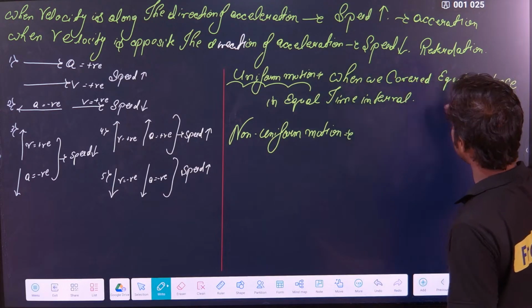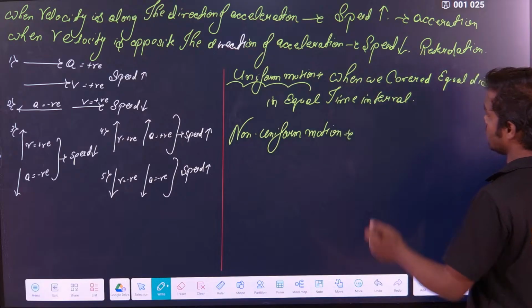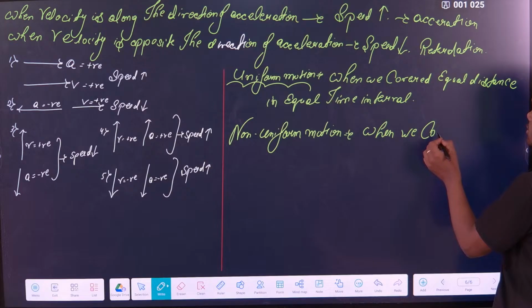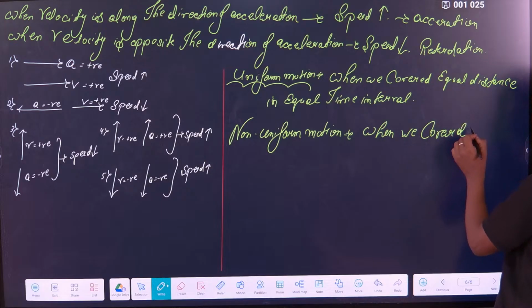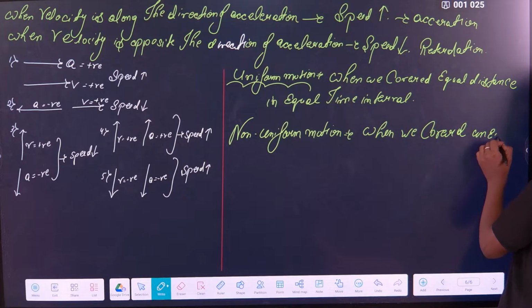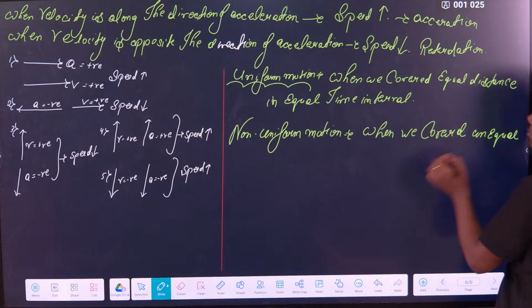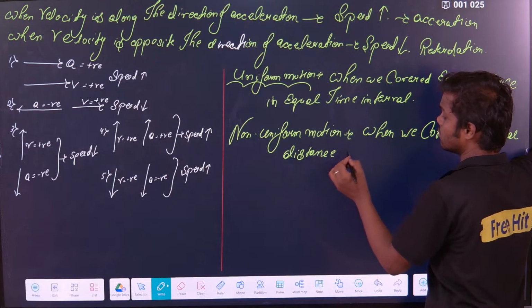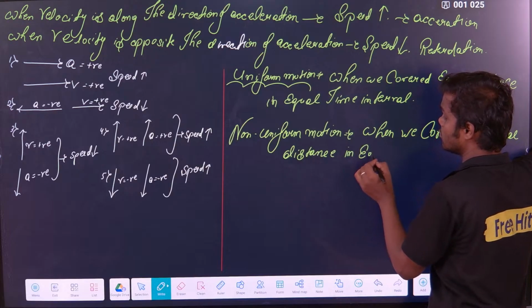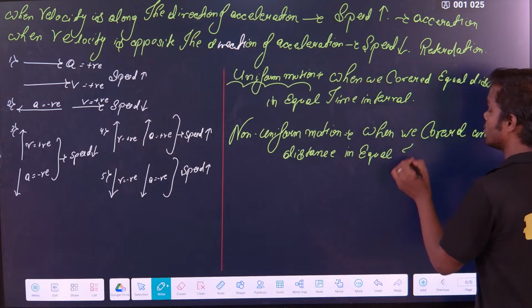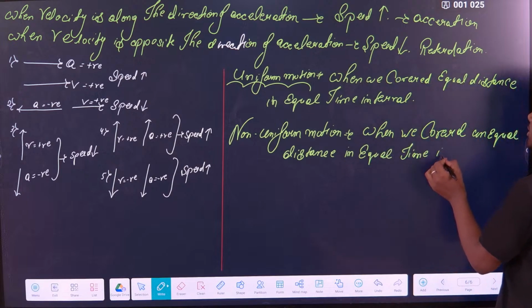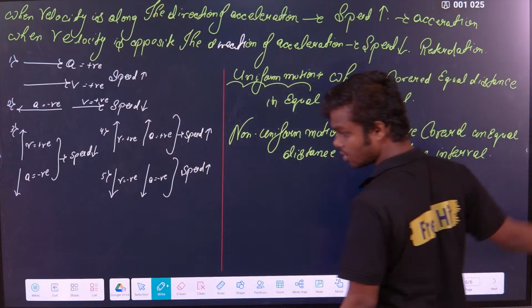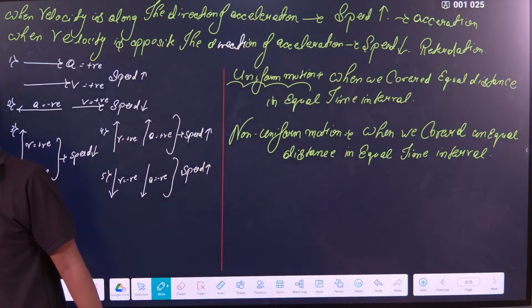When we cover unequal distance in an equal time interval, okay, that is called non-uniform motion.